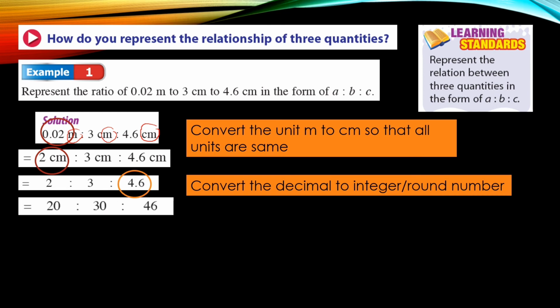When you want to convert, you multiply by 10. So for the other numbers in the ratio, you also need to multiply by 10. You will get the ratio 20, ratio 30, ratio 46.